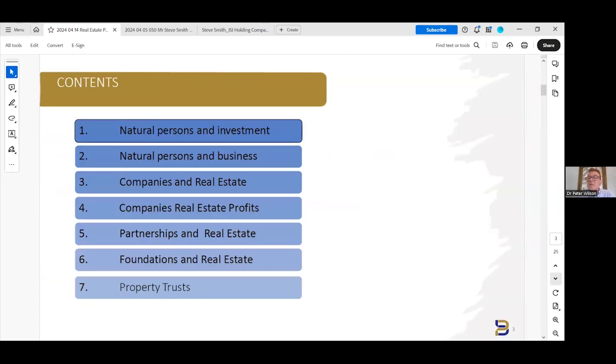So here's the contents for today. There's a big divide, of course, between the tax for a natural person and the tax position for a company or a partnership or a foundation or a trust.